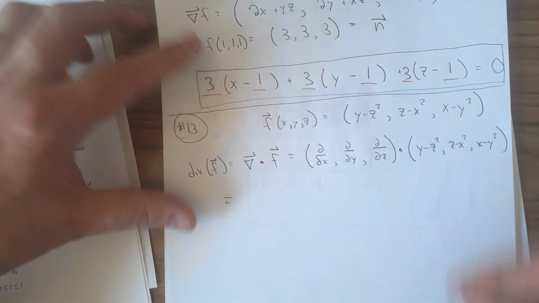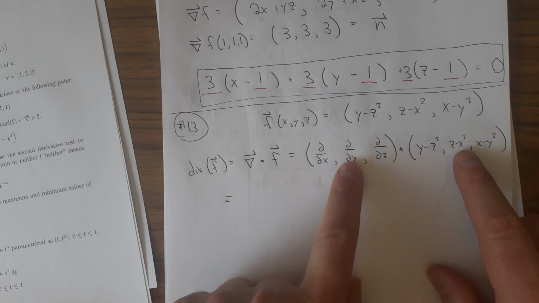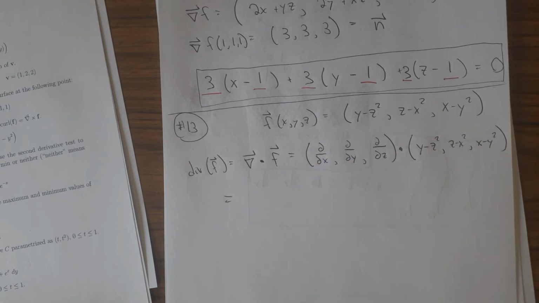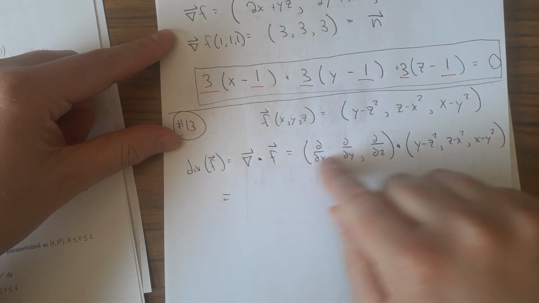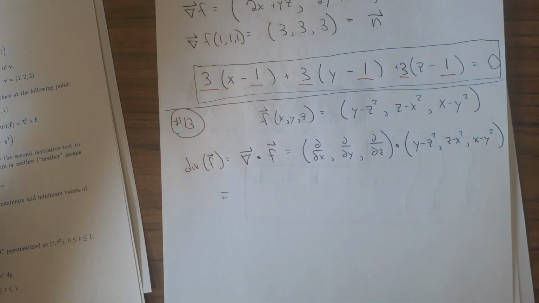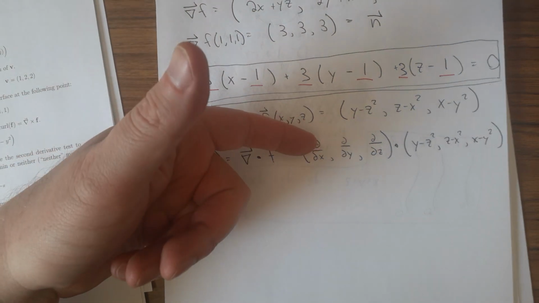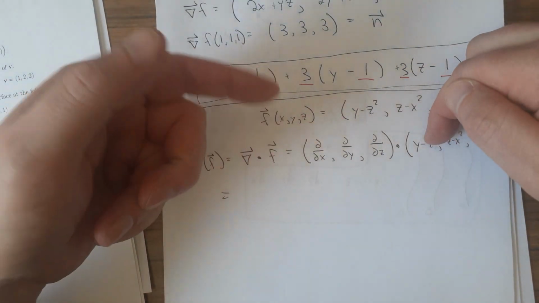What does dot product normally mean? Dot product normally means I do this times this, plus this times this, plus this times this. But when I say the word times in this context, when I'm talking about this operator, or the thing that I informally call a fake vector all the time, this isn't a number. I'm not going to do this number times this number.